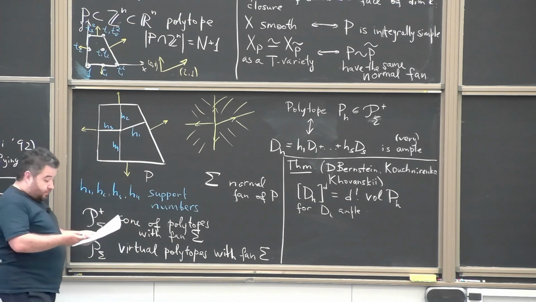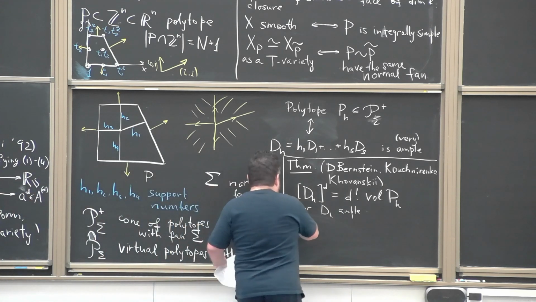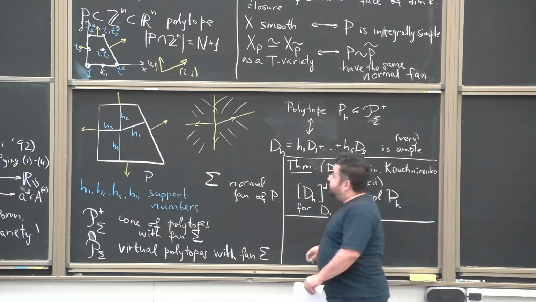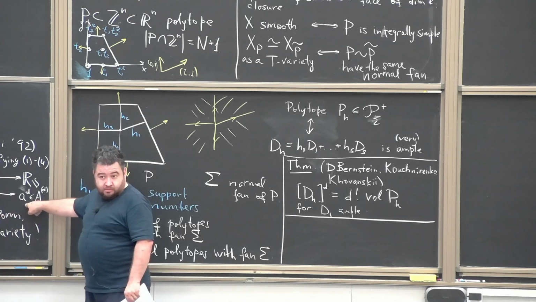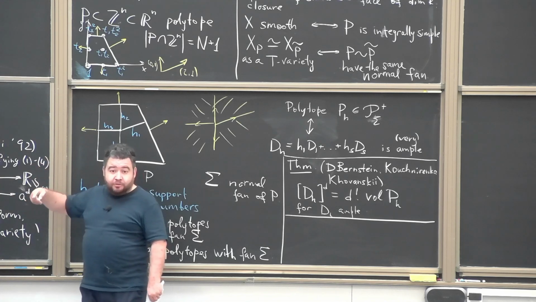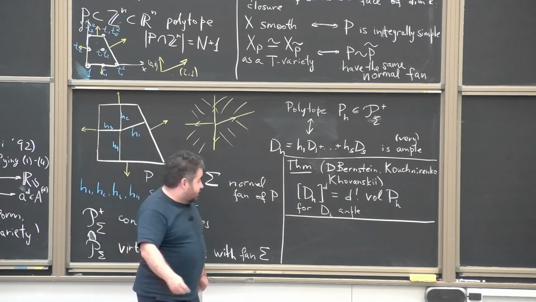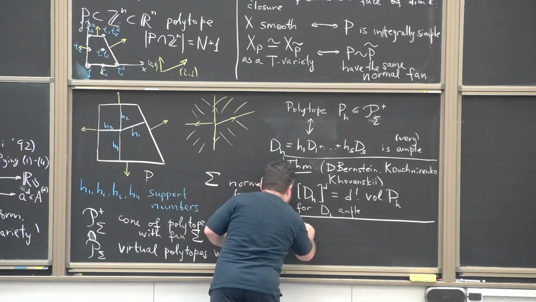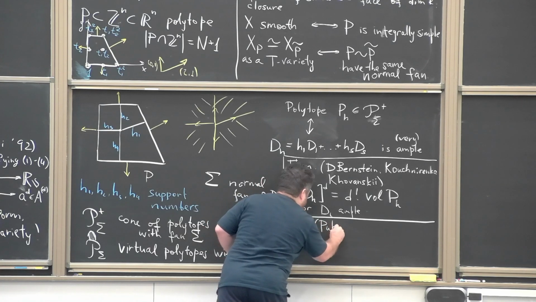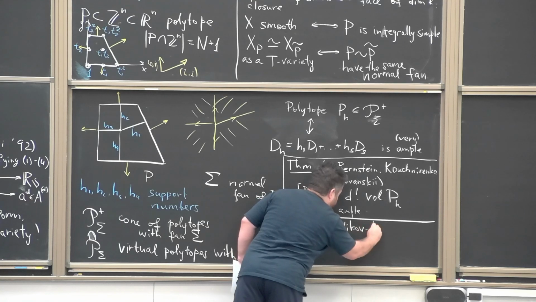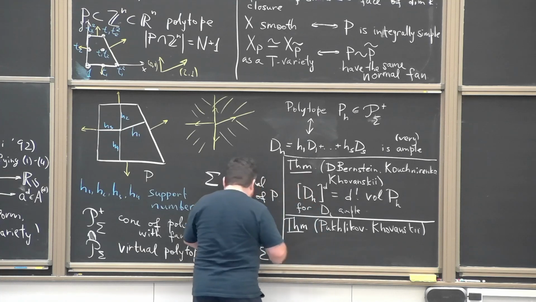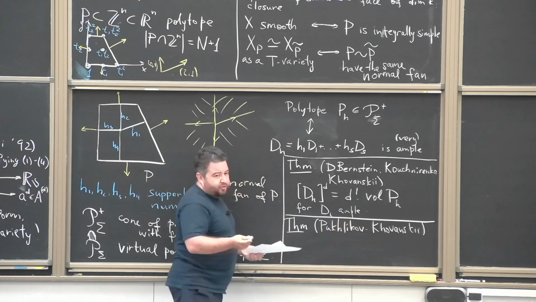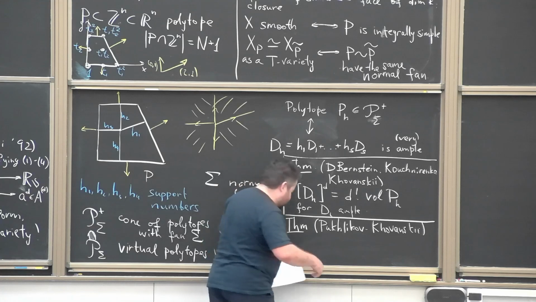So given this theorem, it turns out that we know what this a to the power d map is. It just takes a divisor to the volume of the corresponding polytope. So, a theorem due to Pukhlikov and Khovanskii, in this order because it's the order in the Russian alphabet, and this paper was originally published in Russian.